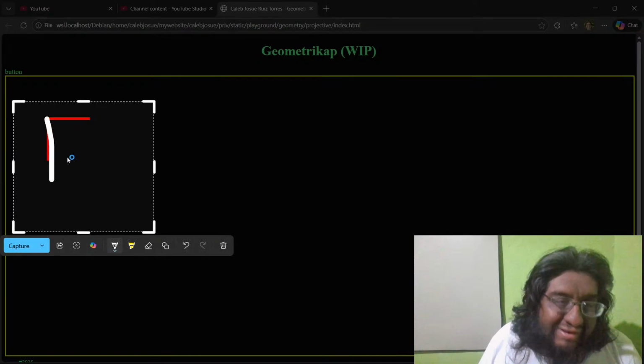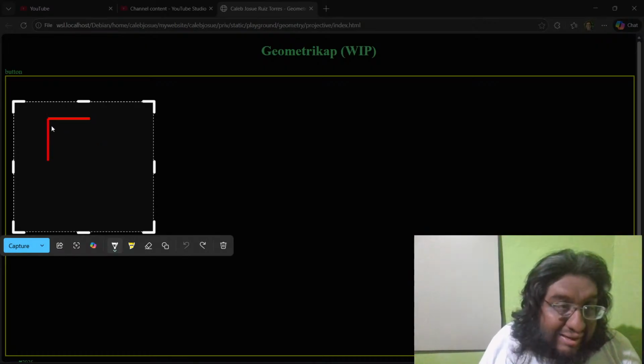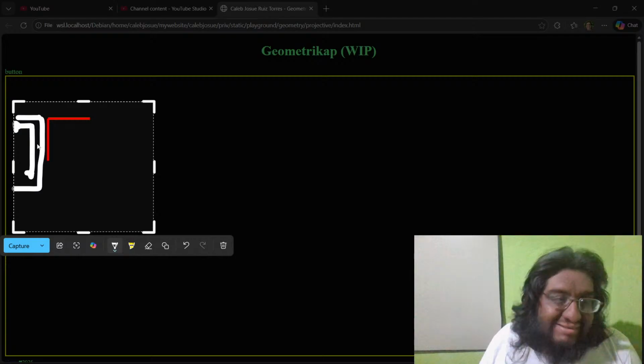So the viewport looks like this. This is the x-axis and this is the y-axis.